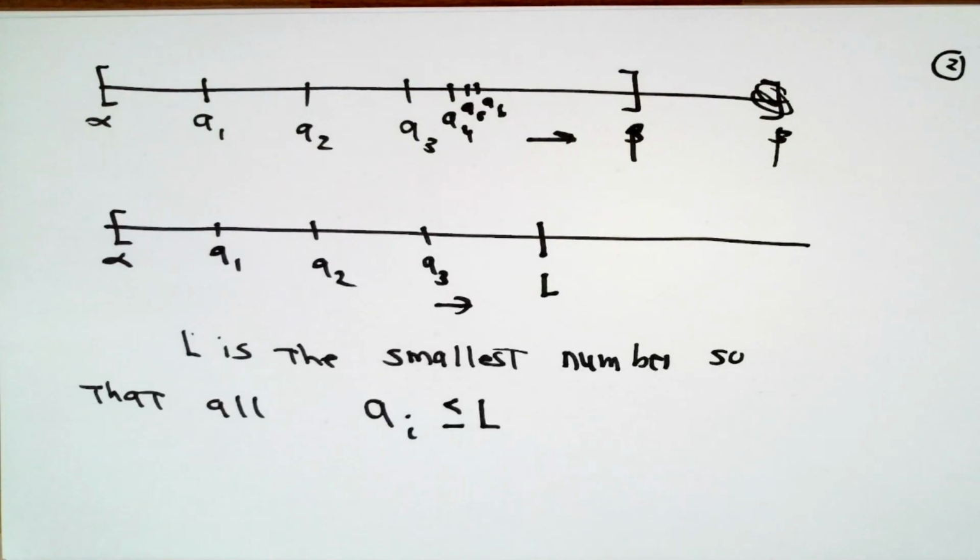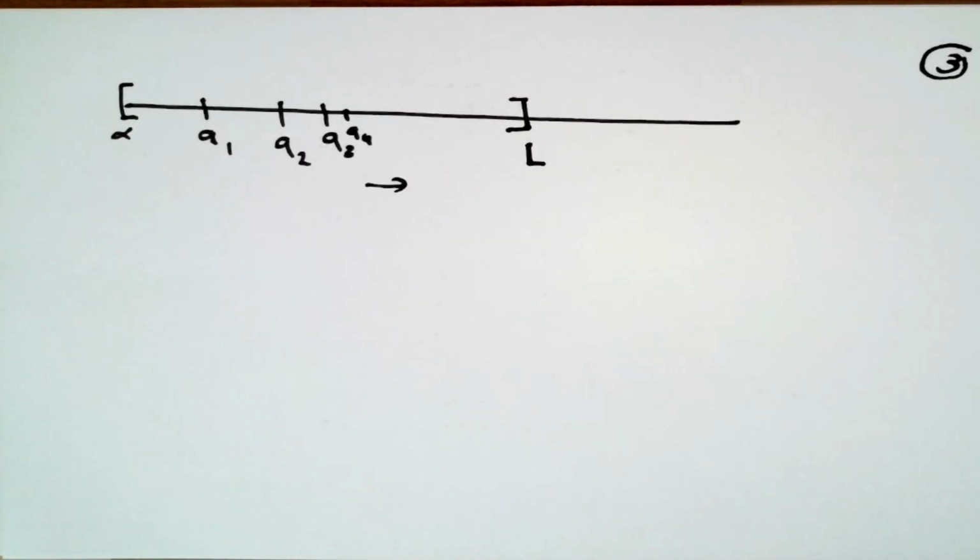This number L, the smallest of all possible right ends of containing intervals, is often called the least upper bound. It's the smallest number so that all of the A_i are less than or equal to L. The key to the argument that I'm about to make is this. Let epsilon be a positive number. We usually think of it as being small, but just a positive number.